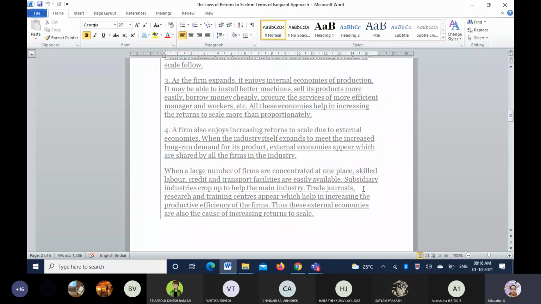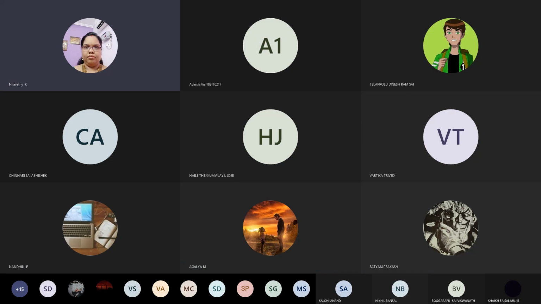So this is increasing and constant returns with the help of the isoquant curve. They have given the isoquant curve, but the same thing we can explain with the isoquant as well as the isocost line.